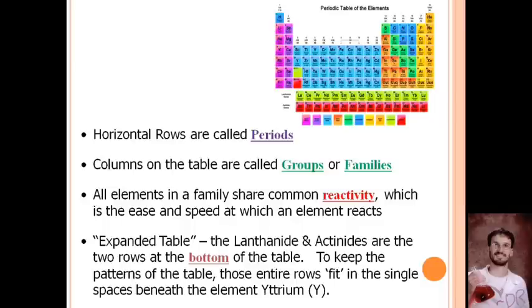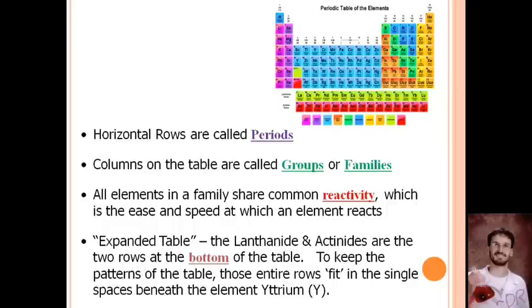If you go up and down in the periodic table, any of these columns, we call these families. They're also called groups. So if we started here with hydrogen and went all the way down to francium, that would be a column of the periodic table. So we have periods or rows, and we have families or groups, which are columns.